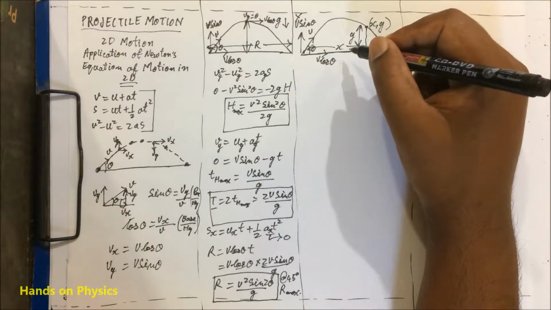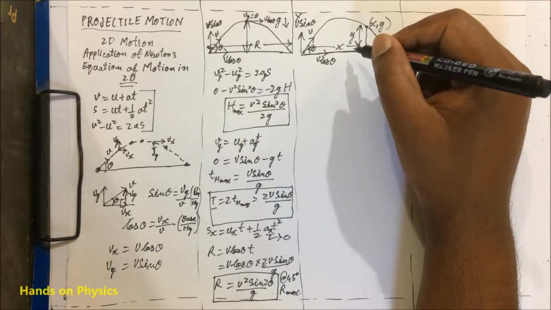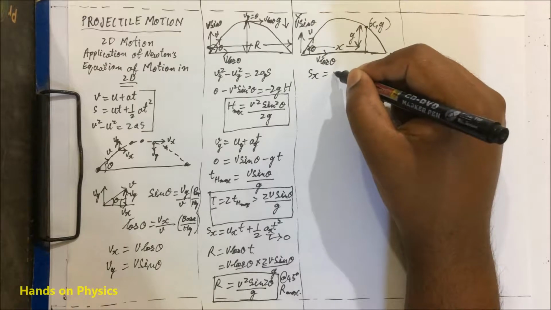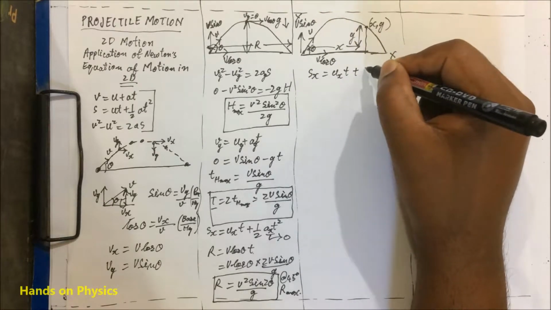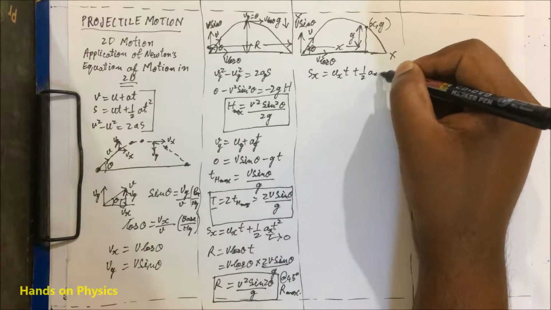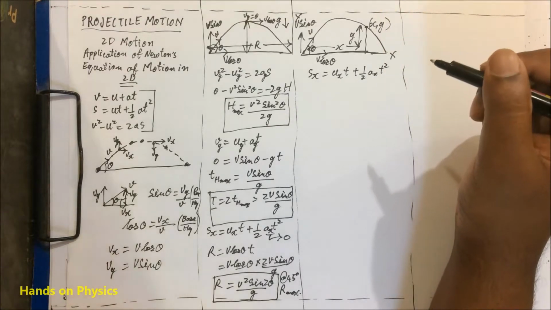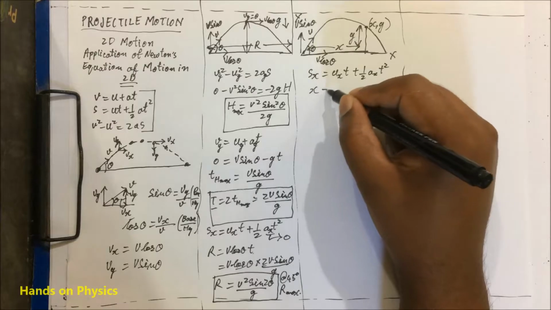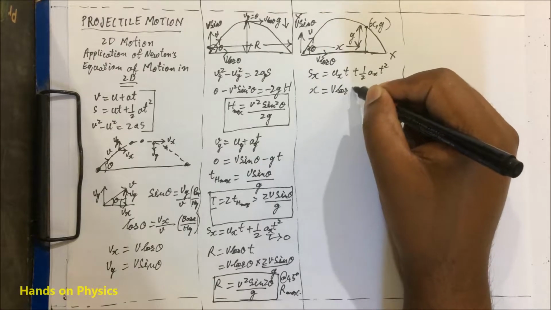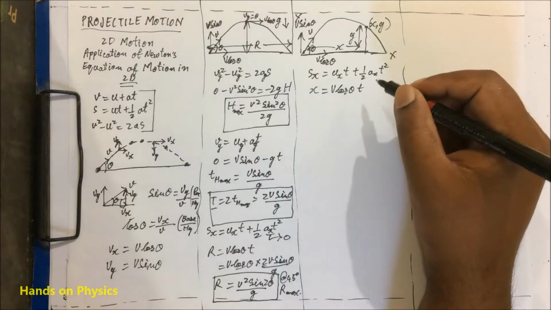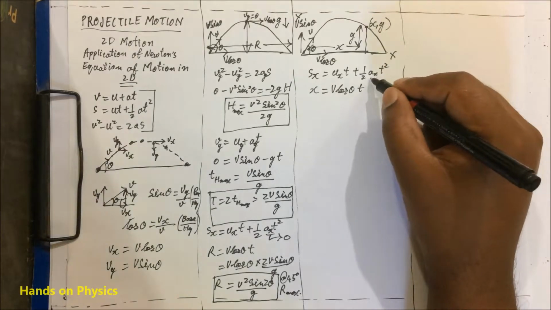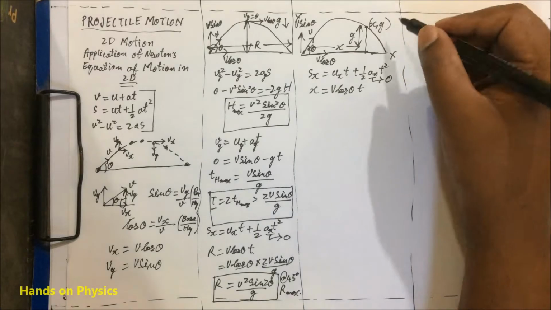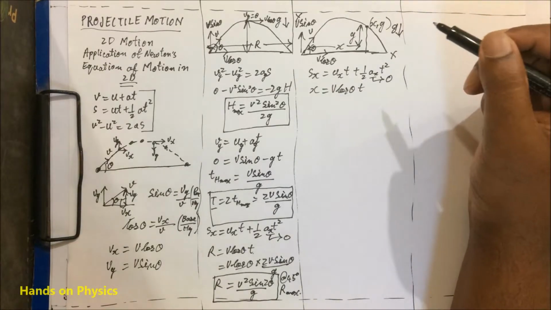So if I write down the equation of distance for the x-axis, it will be s of x is equal to u of x times t plus half a of x t square. So s of x is nothing but x, which is equal to v cos theta times t, and a of x, as I have already explained to you, is zero, since in the x-axis there is no acceleration, only in the y-axis there is downward acceleration.